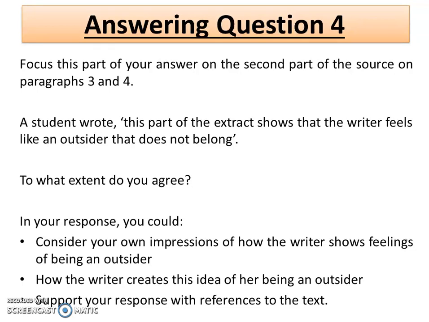They are never going to give you a confusing statement. They are always going to give you a statement that you can, to a large extent, agree with. Now, the reason for this is that they don't actually want to know whether you agree or disagree. What they want to know is whether you can select the evidence and then explain how it matches the statement. That's what they're after. They take it for granted that you will agree.